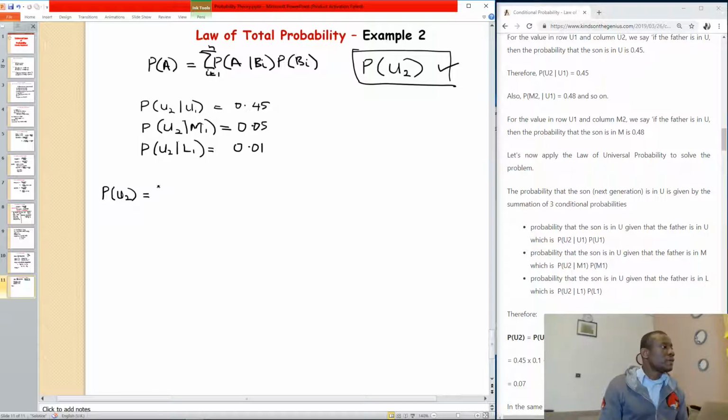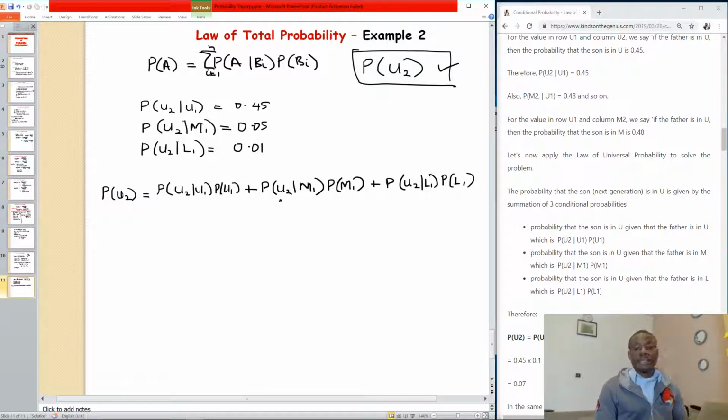I have probability of U2 given U1 times the probability of U1, plus probability of U2 given M1 times the probability of M1, plus probability of U2 given L1 times the probability of L1.